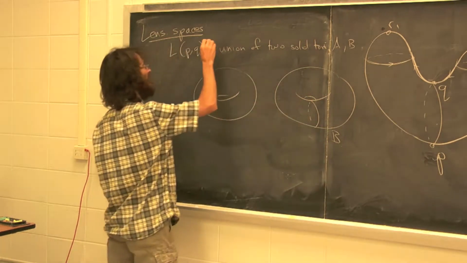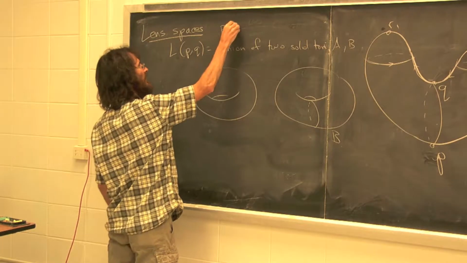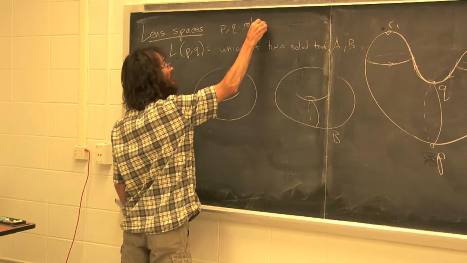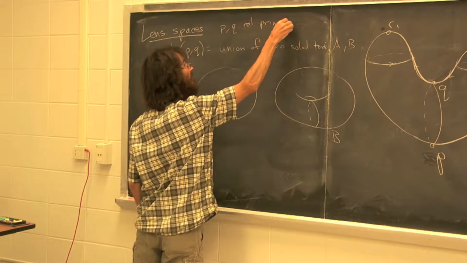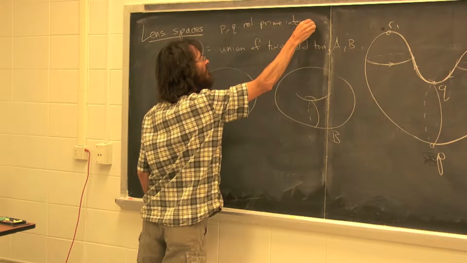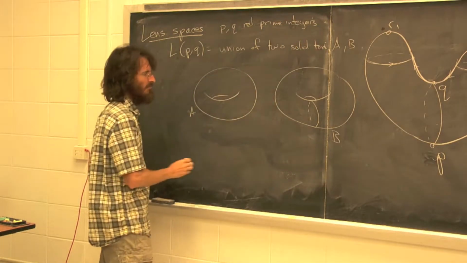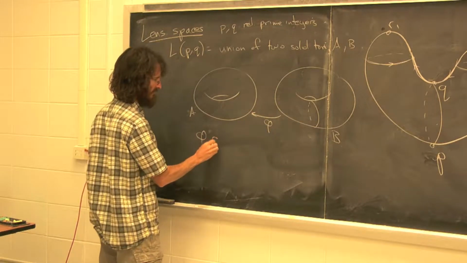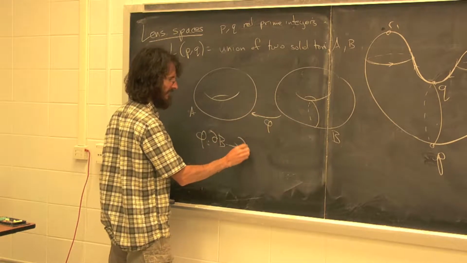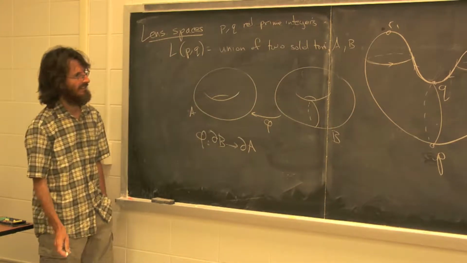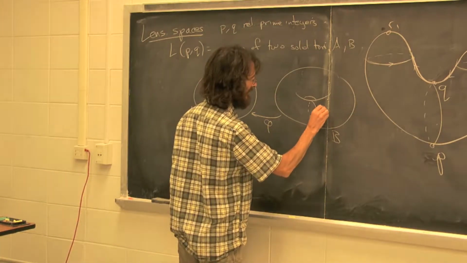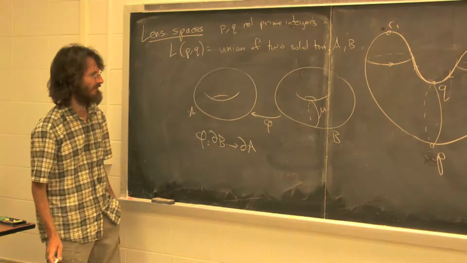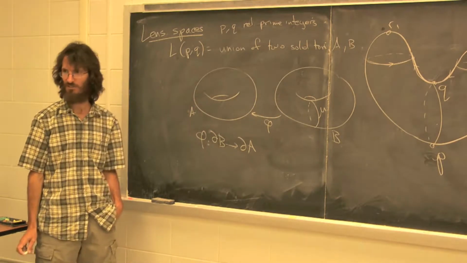So P and Q are two relatively prime integers. So I'm going to glue by a map, say phi. Phi is a map from the boundary of B to the boundary of A. And this meridian over here, I'm going to specify the gluing by saying where phi of the meridian goes to.